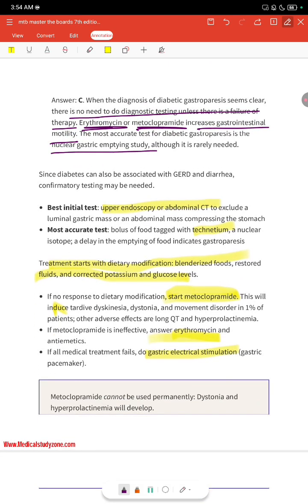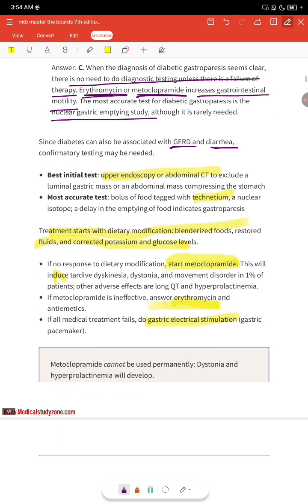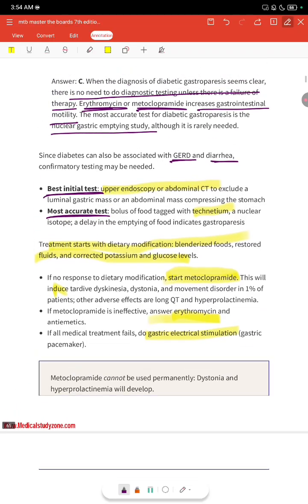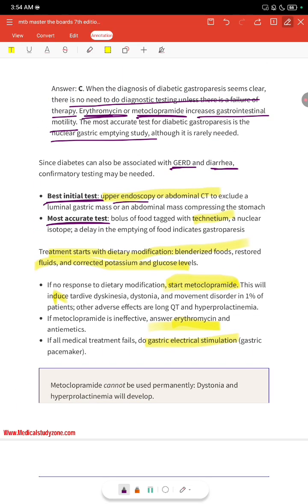Since diabetes can also be associated with GERD and diarrhea, confirmatory testing may be needed. So, best initial test, most accurate test. Upper endoscopy or abdominal CT to exclude a luminal gastric mass or an abdominal mass compressing the stomach.